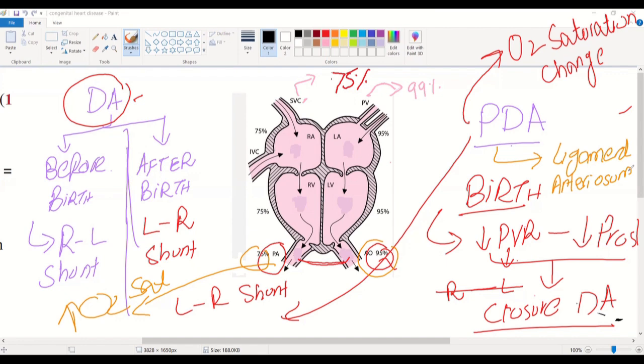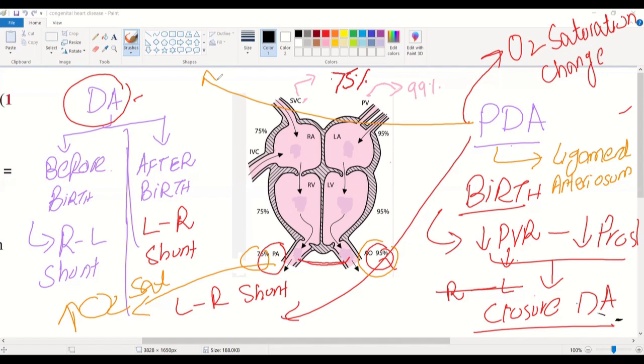Oxygen saturation changes are again high yield. And what kind of murmur in patent ductus arteriosus? A machinery-like murmur. Sometimes it may be a continuous murmur, pansystolic, right?